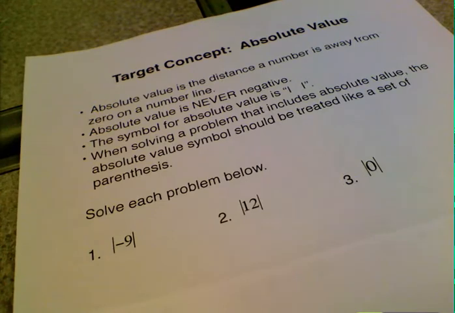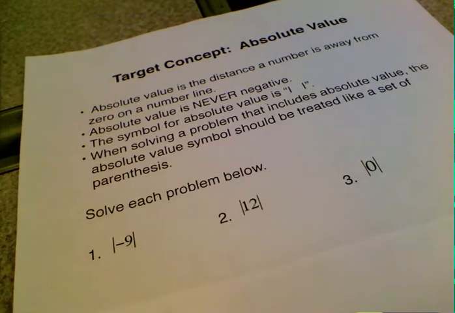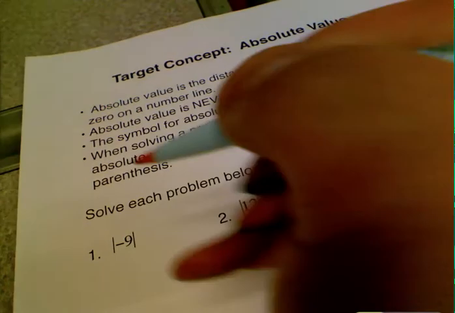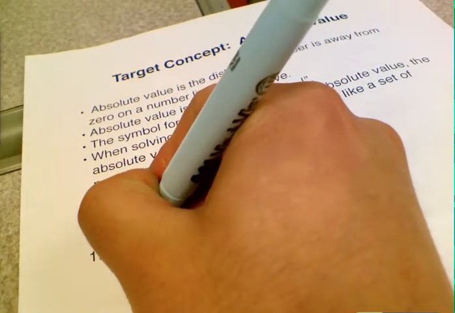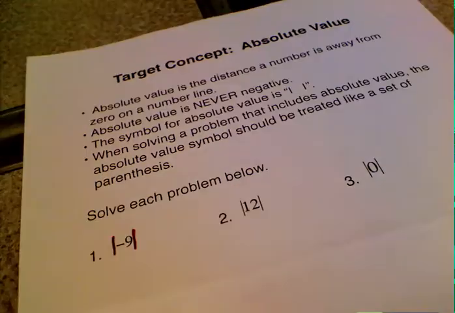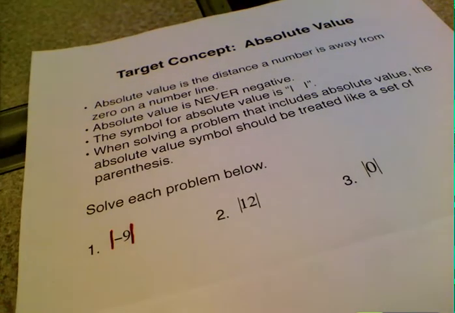Number 1, if I were to ask you here, again, I'm going to represent these absolute value signs with the color orange, just to distinguish where the absolute value sign is. If I were to ask you how far away from 0 is -9, you would tell me 9.